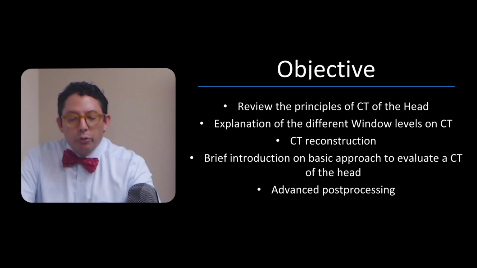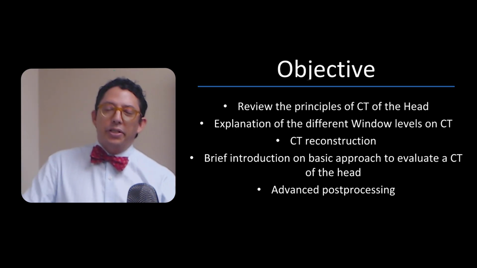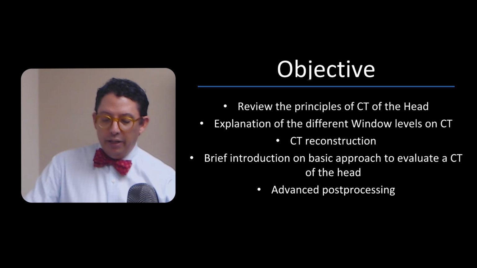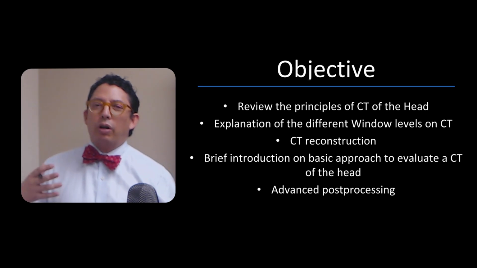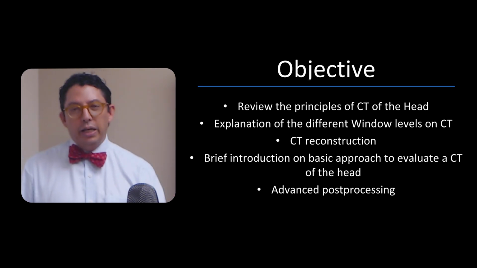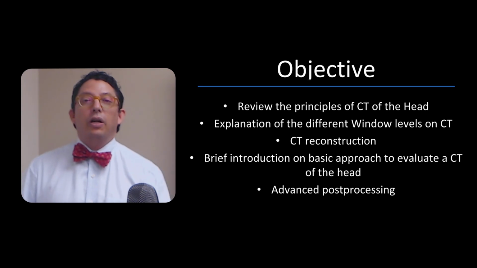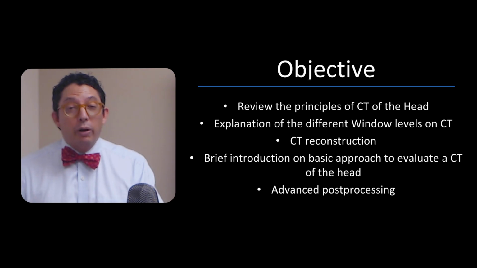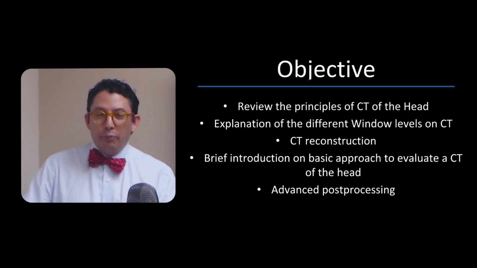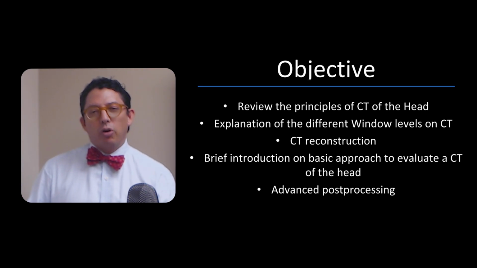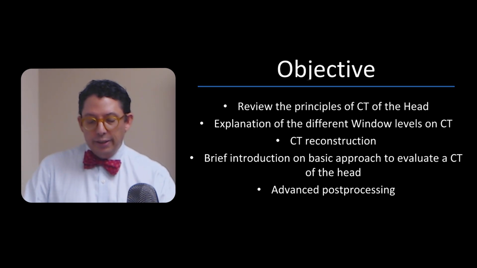So the objective is to review the principles of the CT of the head, explain how the different windows work and why they're important clinically. We're going to have a very specific lecture on brain trauma that is going to explain why this is so important. We're going to talk a little bit about how we can reconstruct things when we do CTs.